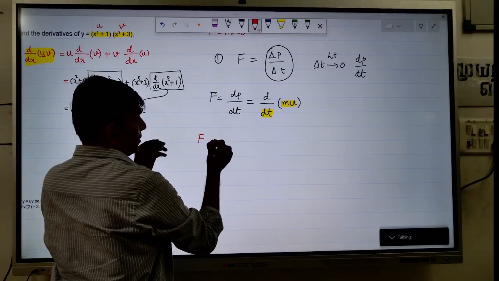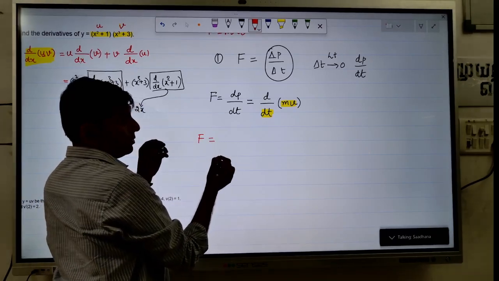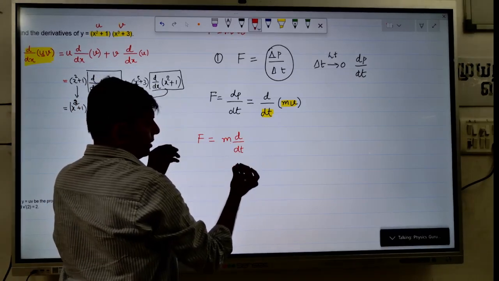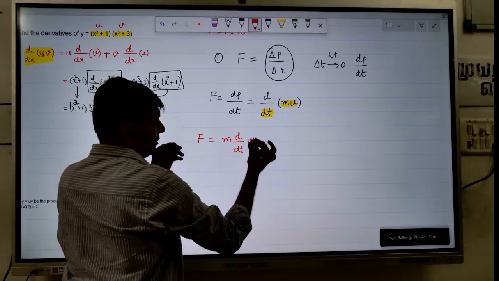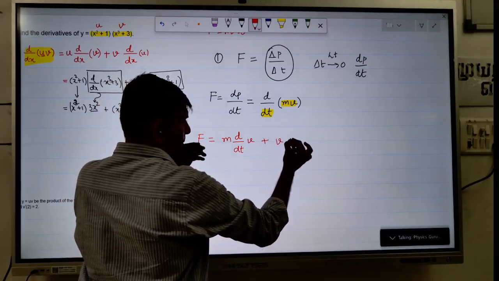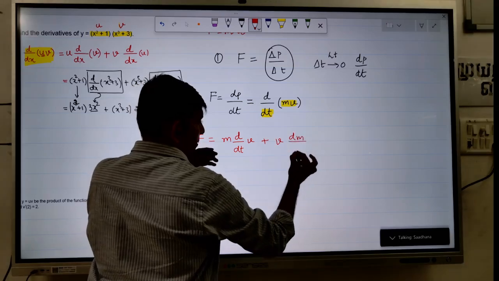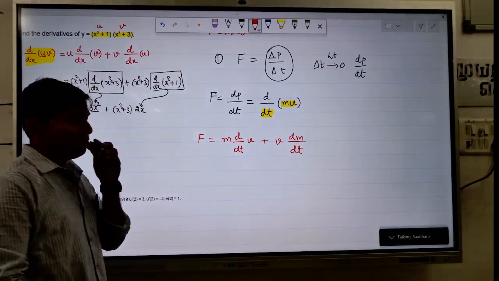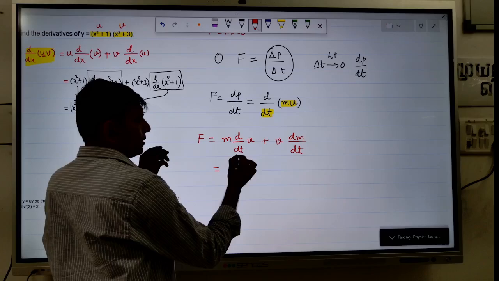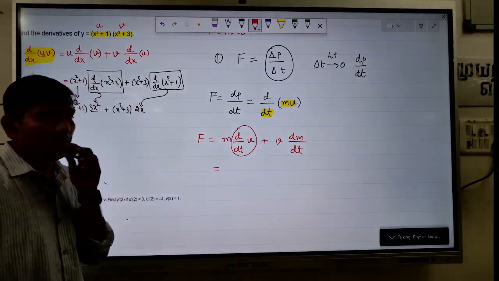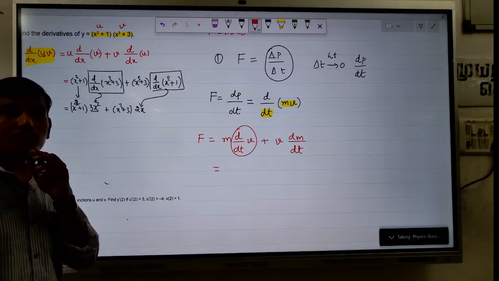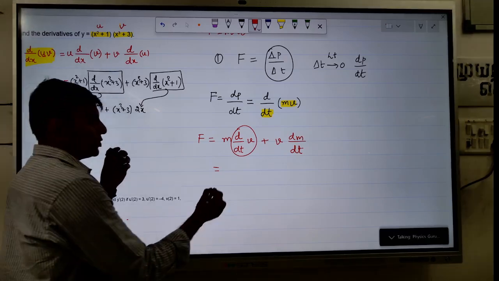Yes, F is equal to m into d by dt of v, plus v into d by dt of m. Very good. That's excellent. So now you know already what is this quantity? The rate of change of velocity. What do we call it? Acceleration. Very good.